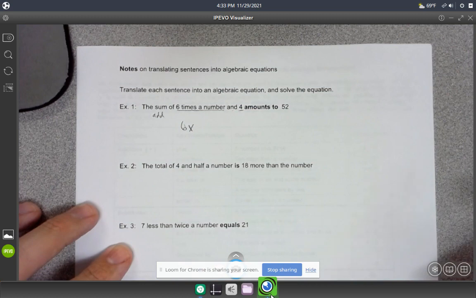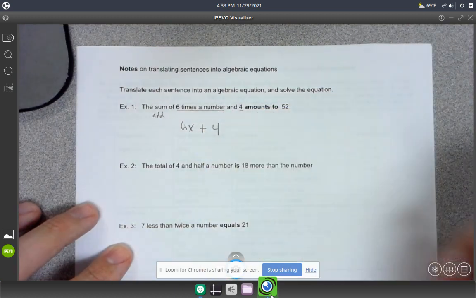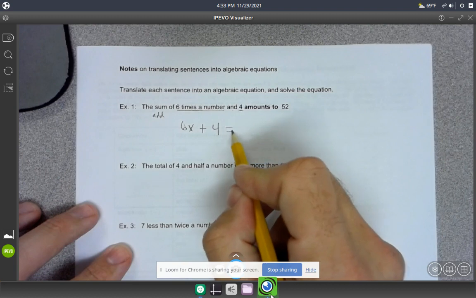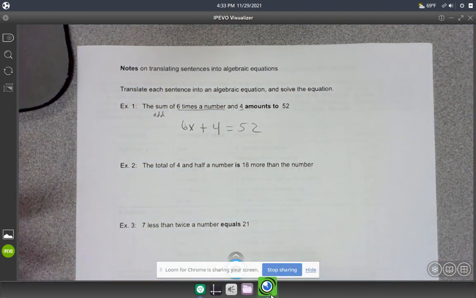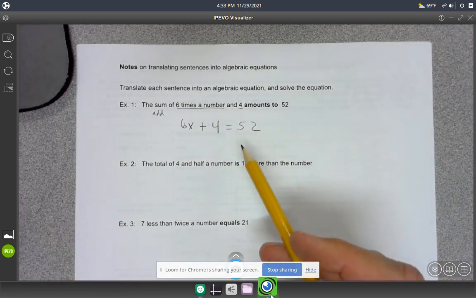Those are my 2 pieces that I'm summing up. So it's going to be 6x plus 4. The sum of 6 times a number and 4 amounts to 52. This is the algebraic representation of that sentence.